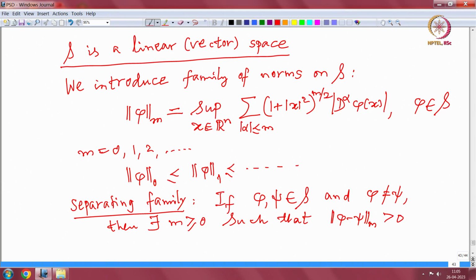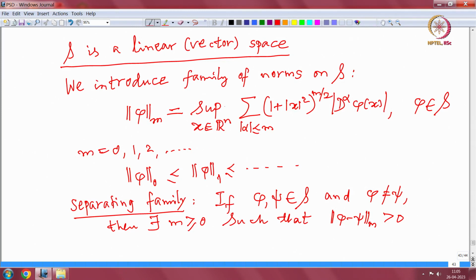Okay. So that enables us to define a metric topology on S, so that we stick to that topology in the study of the Schwartz space and its dual space.